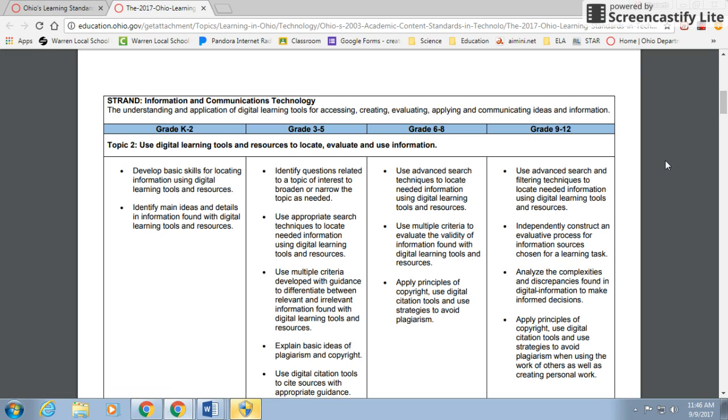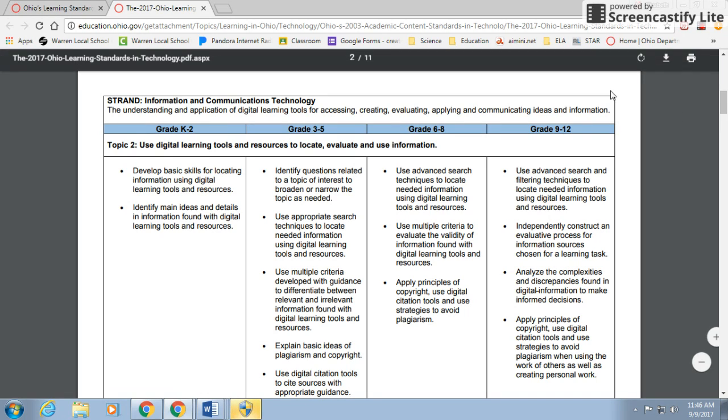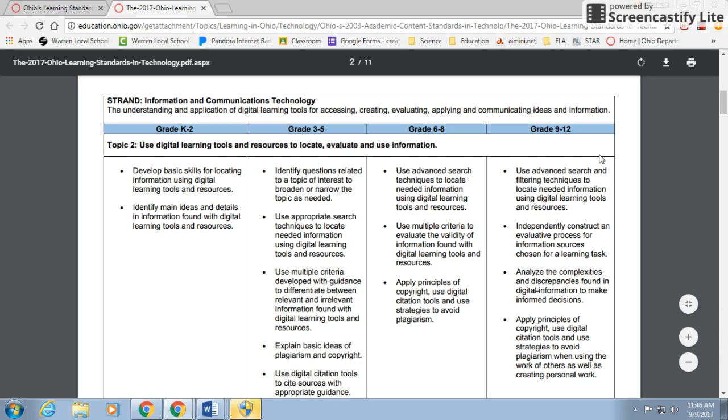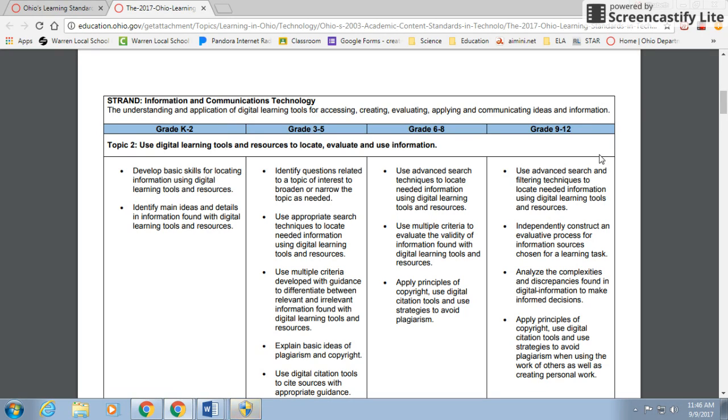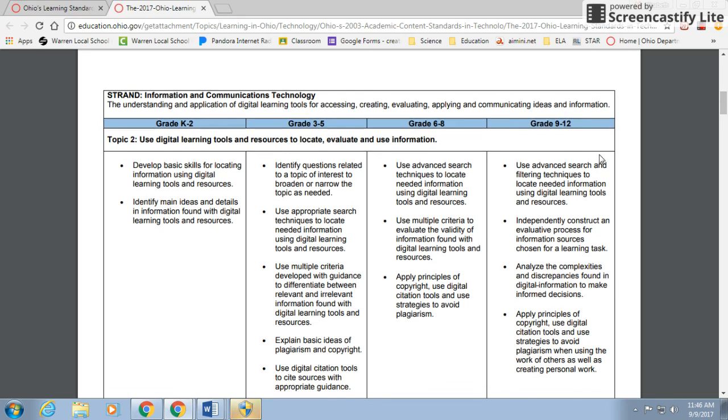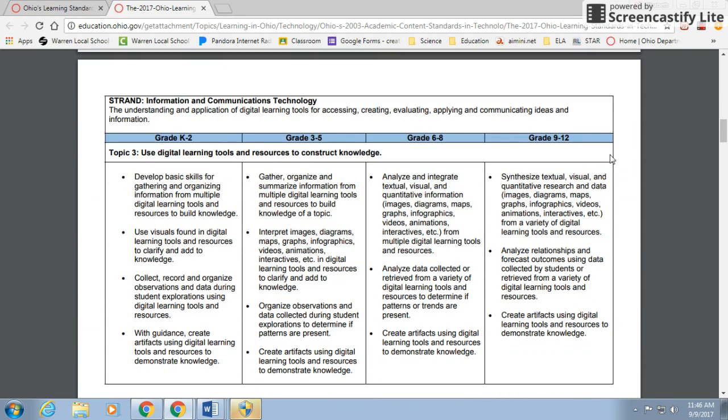So we need to educate them on how to look at the websites and make sure that they understand what's current information and what is not. The third topic is using digital learning tools and resources to instruct information. So this is a build-up from topic 1 and topic 2.